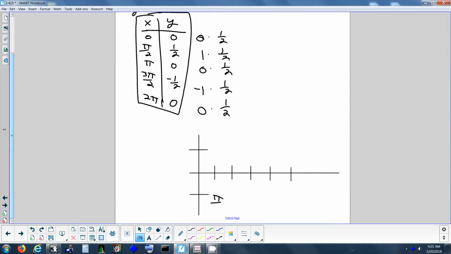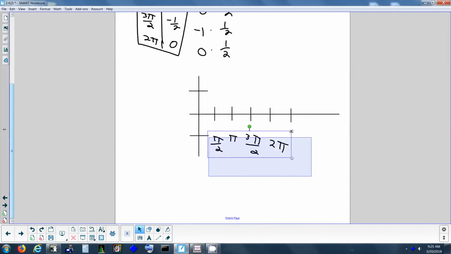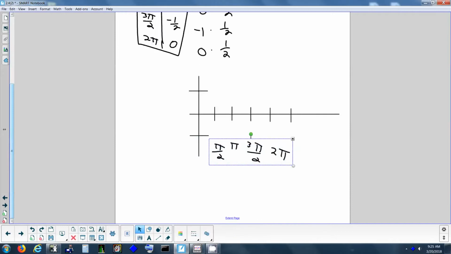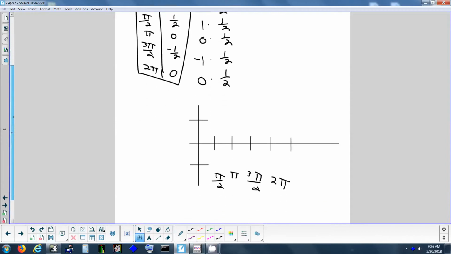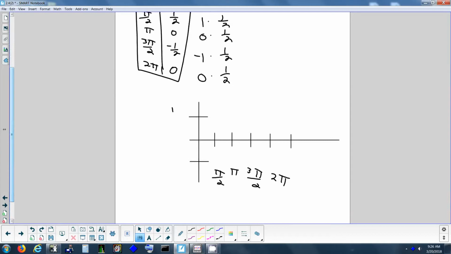So you got pi over 2, pi, 3 pi over 2, 2 pi. And I should probably move those down just a little bit. My y values are, the highest is 1/2, the lowest is -1/2. So that's how I'm going to scale it.